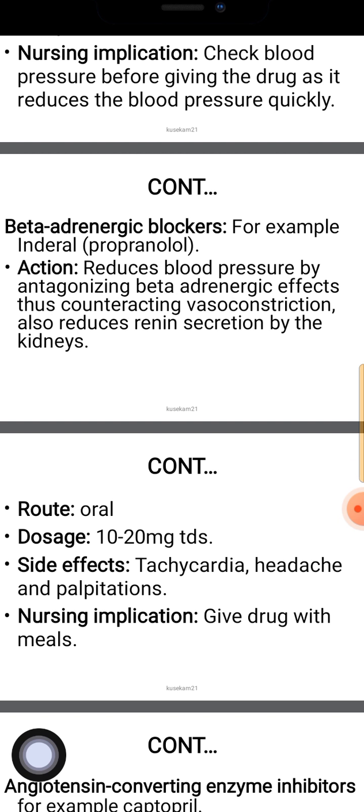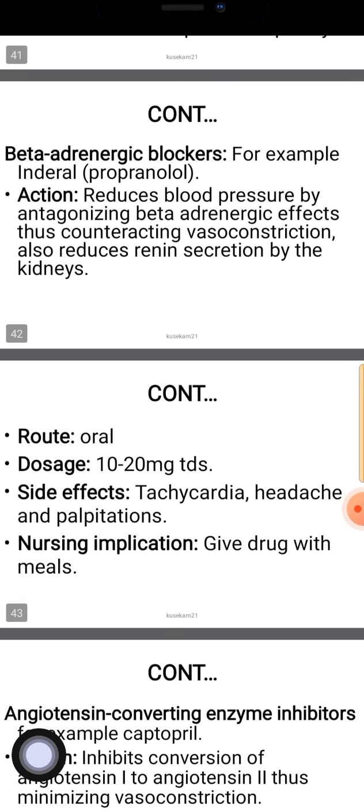Then we have beta adrenergic blockers. For example, atenolol or propranolol. Propranolol is a beta adrenergic blocker. The action is to reduce blood pressure by antagonizing beta adrenergic effects, thus counteracting vasoconstriction, and also reducing renin secretion by the kidney.